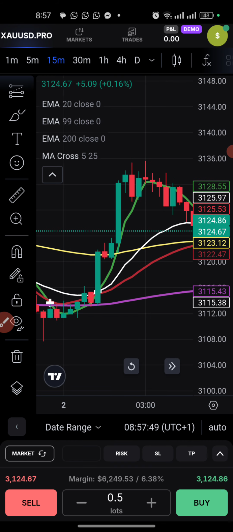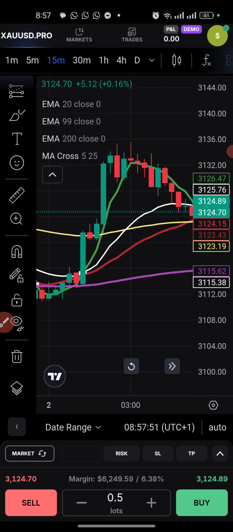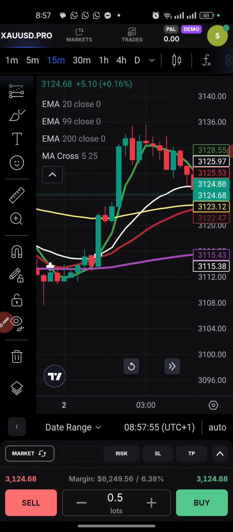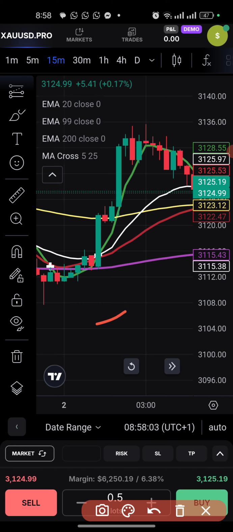If you look here, there's a candle covering this cross here. This big fat candle is covering our cross here. But we have a cross here. If you notice, the green came up. You have an intersection of the green.